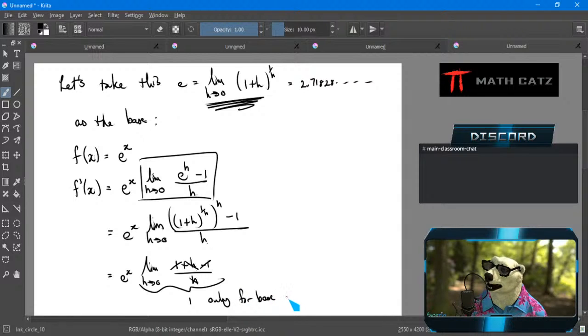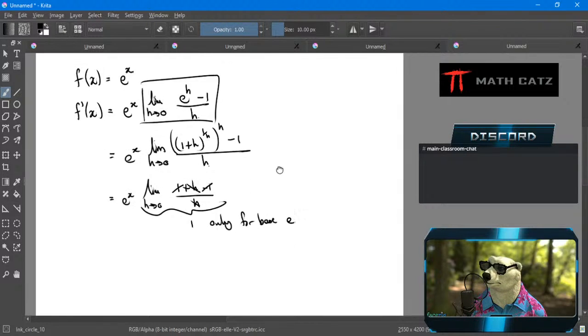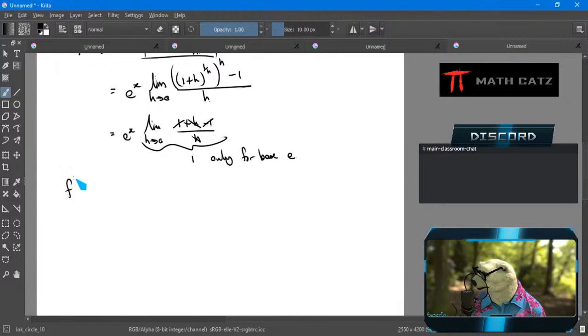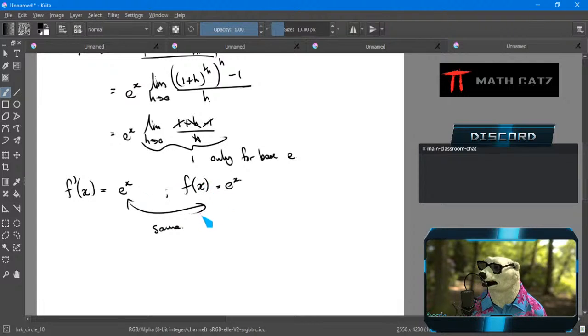And that's only going to happen if I take that as the base. Which means then the derivative is just e to the x. My function is e to the x, and this is the only function that has as its derivative the exact same function.